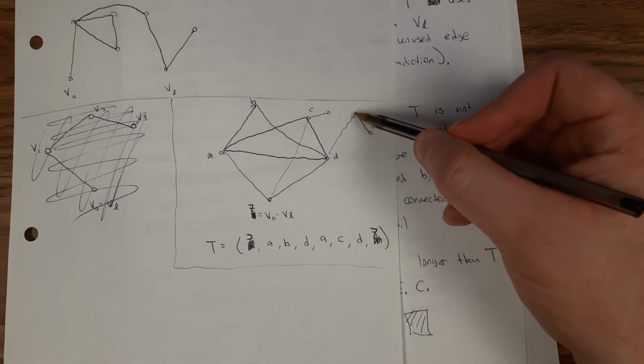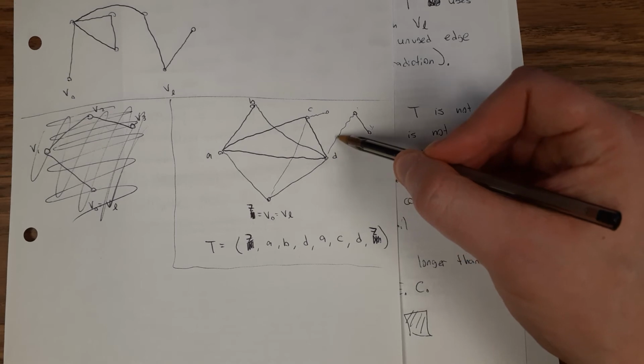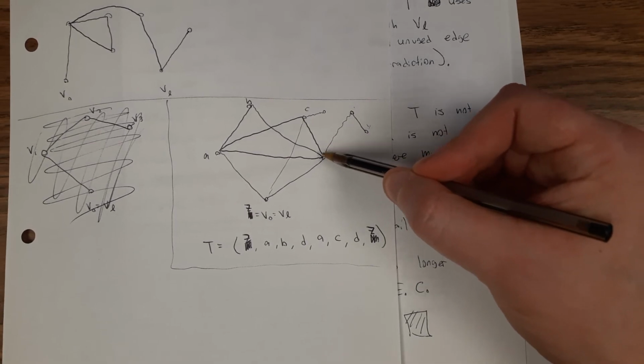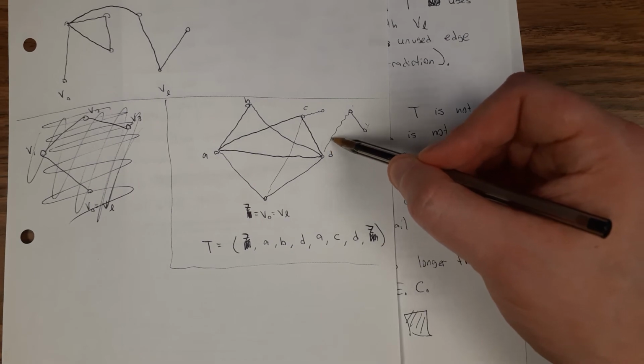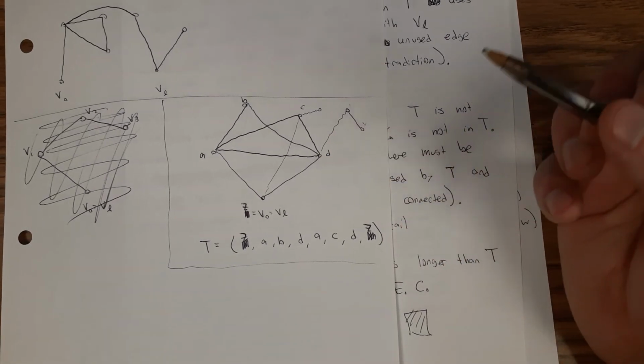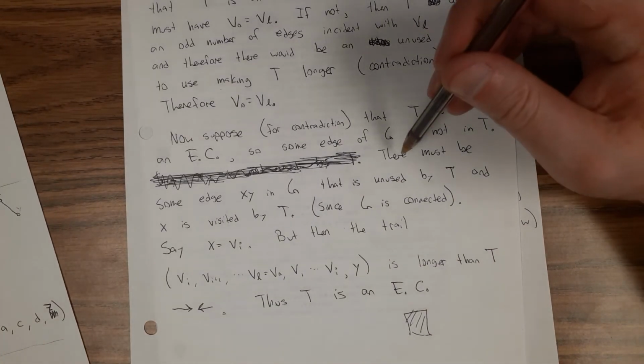But what I do is I take the path there and say, like, here, the last edge of this path where it's about to touch T, I see an edge and one endpoint is visited by T. So that's what I'm saying.